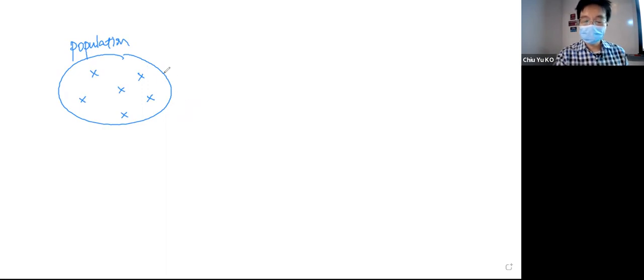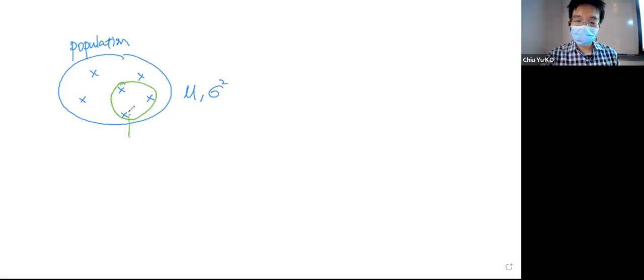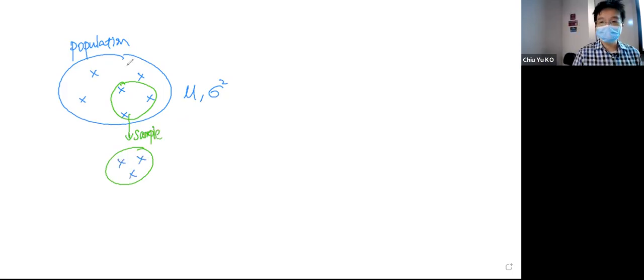We are concerned with, say, mu and sigma square, which are the population mean and population variance. And to study it, we collect some sample, and we're trying to infer the big picture from the small one.